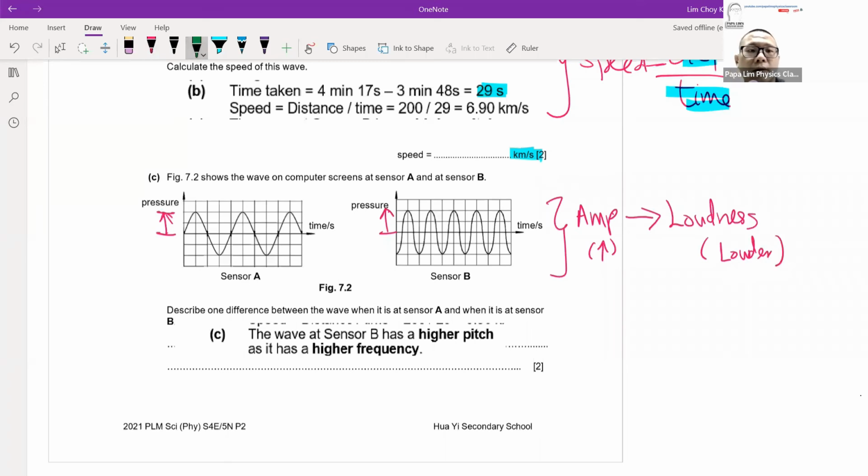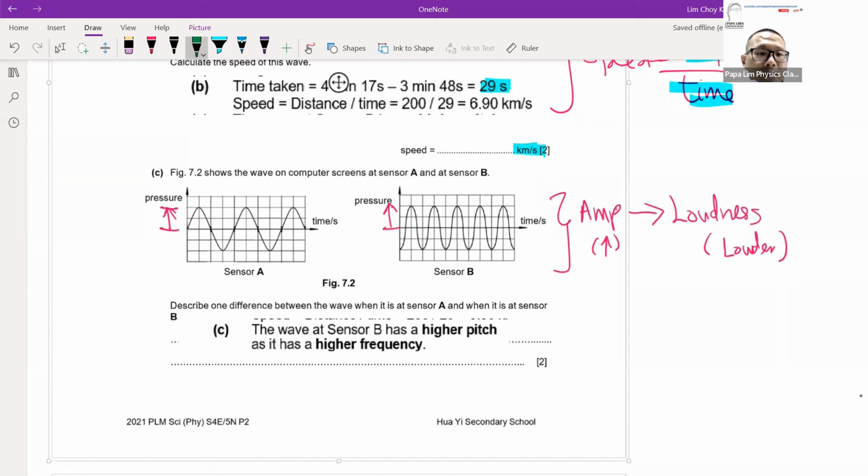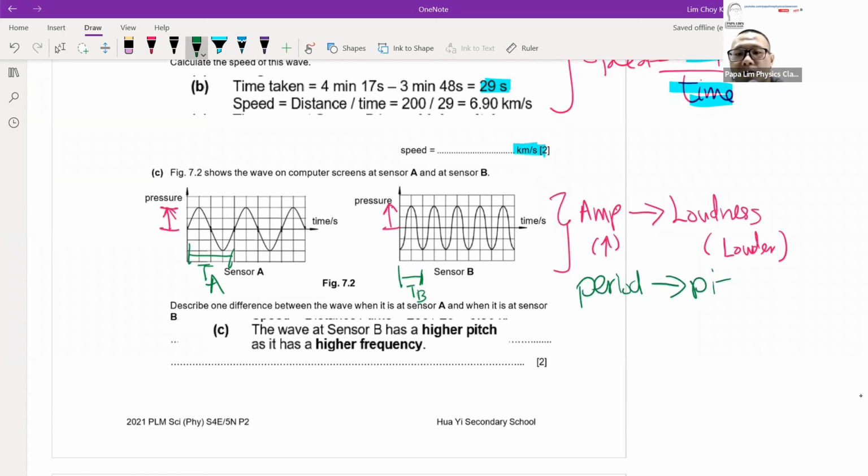The second thing, when you look at the sound wave curve, is the period, the period of the wave itself. Why? Because the period controls your pitch. Sometimes we don't look at it as period, sometimes we look at it in terms of frequency. Frequency and period have an inverse relationship.